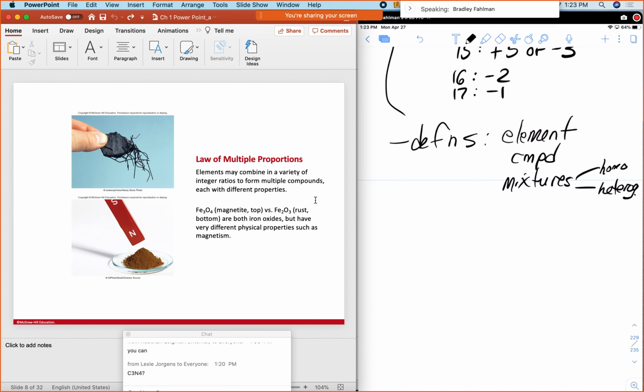So for sure those definitions. Compounds are composed of two different elements in different ratios and they'll have different properties. Whereas an element has really just one type of atom. These have two or more different types of atoms.